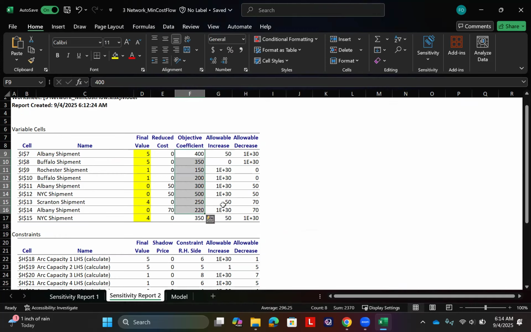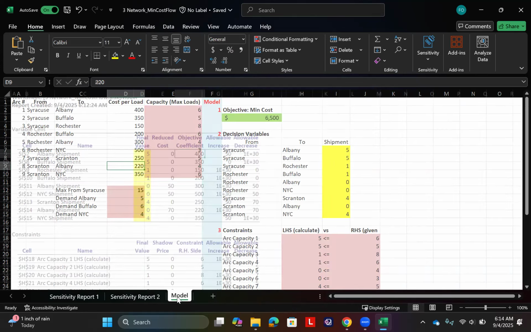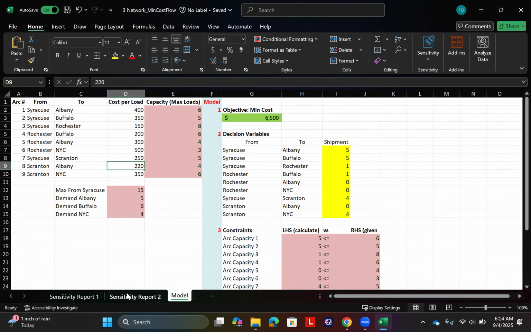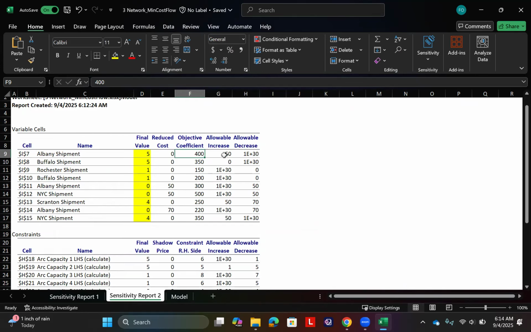We talk about reduced cost, and then allowable increase and allowable decrease is another important number as well. So let's take a look at allowable increase. 50, what does that mean? Current cost of the first arc is $400, which is again from Syracuse to Albany. So I can increase the cost by up to $50 from 400 to up to 450, and my solution, the yellow cells, won't change.